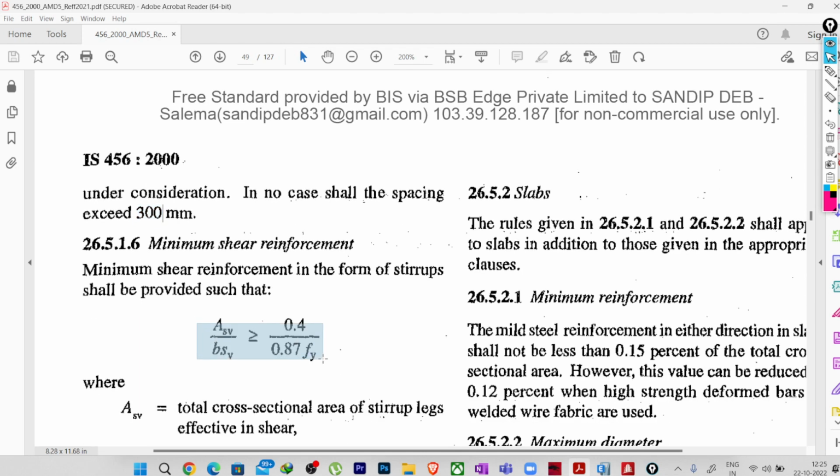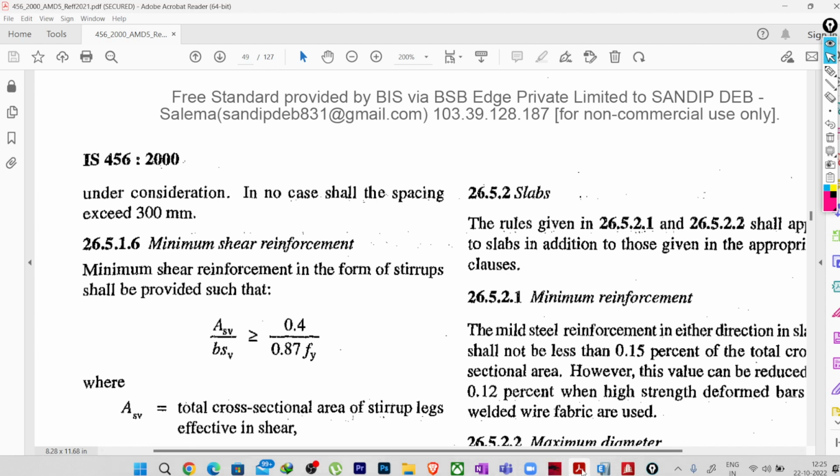Or this one, whichever is less, you need to provide. Okay, so the ASV value you got, you want SV. So you can do the cross multiplication and you can find out the SV. So among these three, whichever is less, that you need to provide in the detailing.